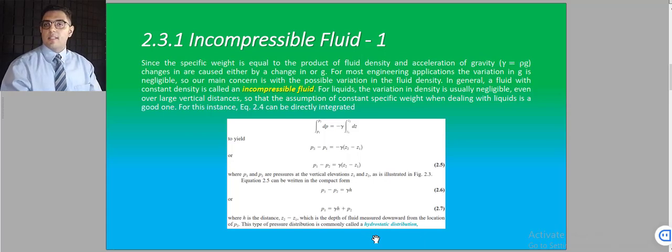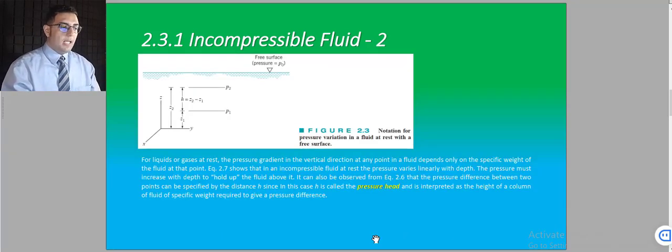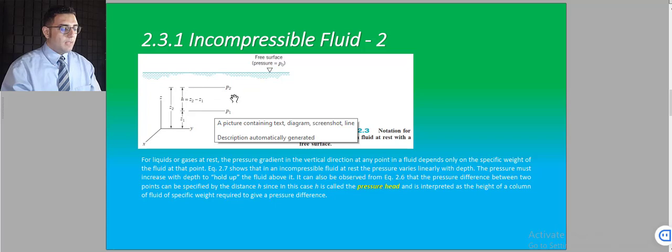The hydrostatic distribution has some details I'm going to illustrate further. One of them is here. As long as we have a hydrostatic distribution, the pressure gradient in a vertical direction only depends on the specific weight at that point.